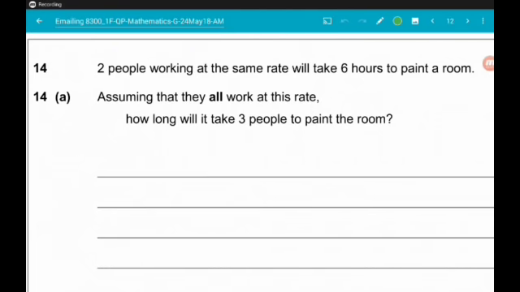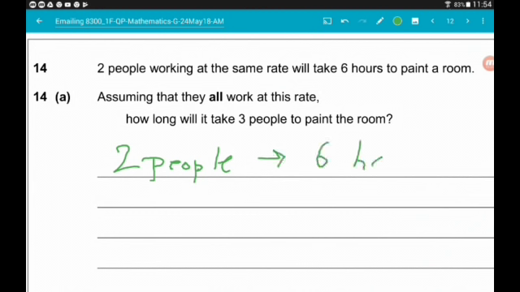Okay, question 14, we got some proportion. So, 2 people working at the same rate will take 6 hours to paint a room. Assuming that they all work at the same rate, how long will it take 3 people to paint the room? Okay, so if 2 people take 6 hours, we can work out how long it would take one person.